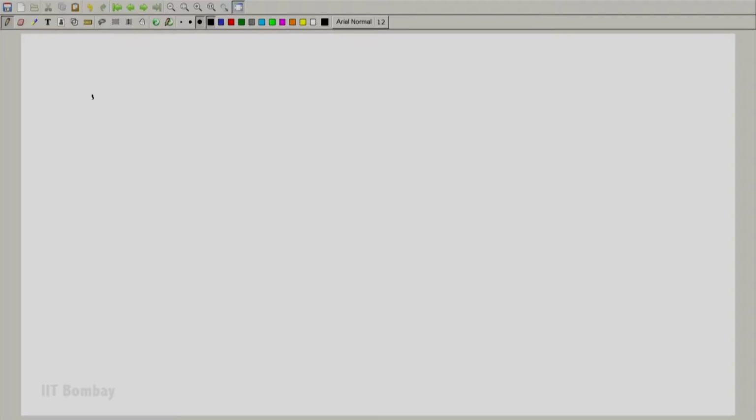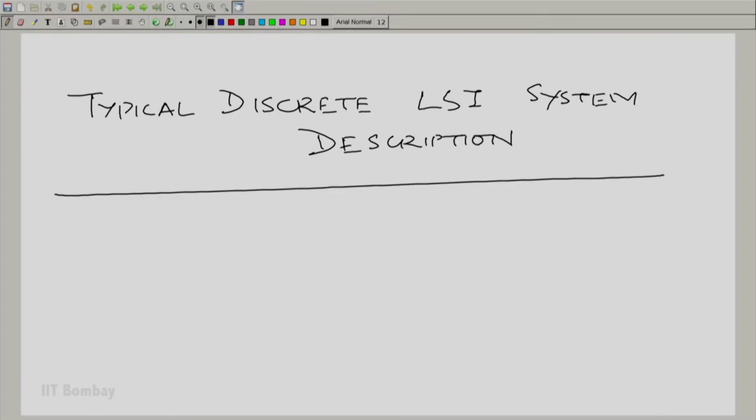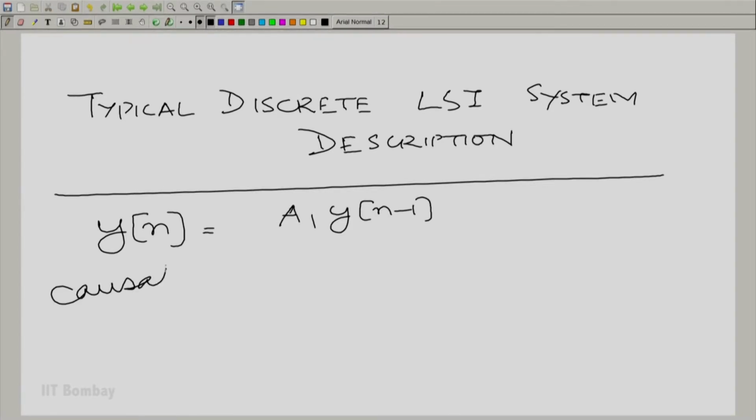Now, let us look at a typical discrete system. In fact, in a typical discrete system, we have the same abbreviation, but a different interpretation. So, let us see. Typical discrete LSI system or system description, to be more precise. Here the output y[n] is equal to some A1 times y[n minus 1] and so on. Now, here I am talking about a causal system, but of course, you could have non-causal ones too.